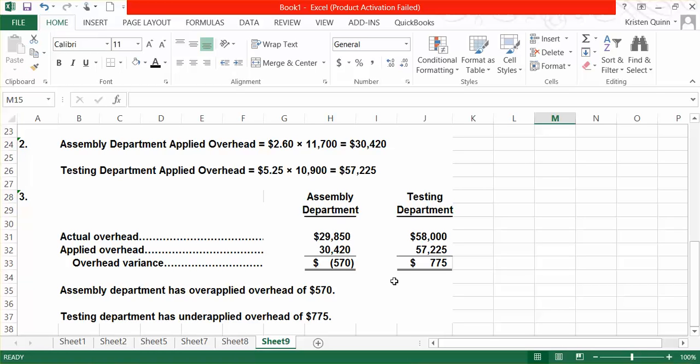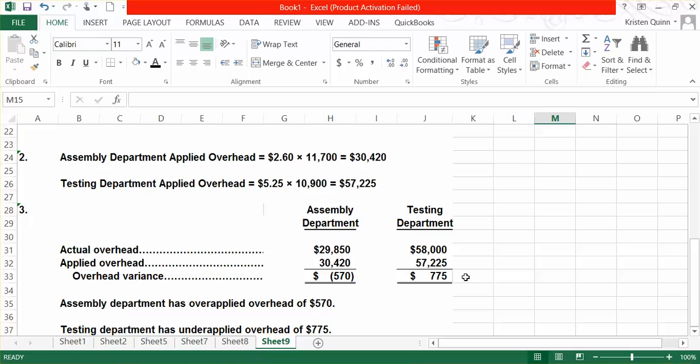So in our assembly department, we get a negative number, meaning that we were over-applied and we should subtract away $570 from cost of goods sold. However, in the testing department, it's a positive number, meaning that we were under-applied, our cost was too low, and we have to add $775 to cost of goods sold.